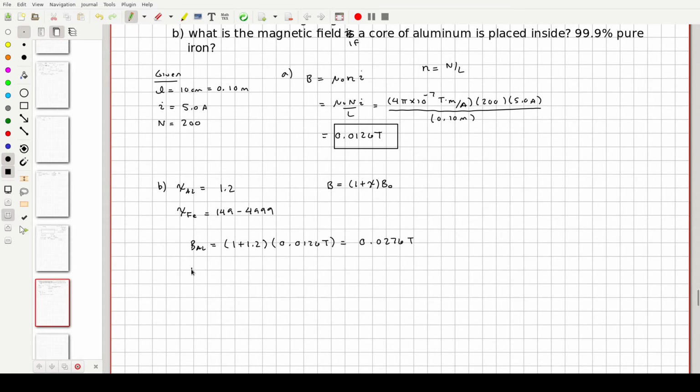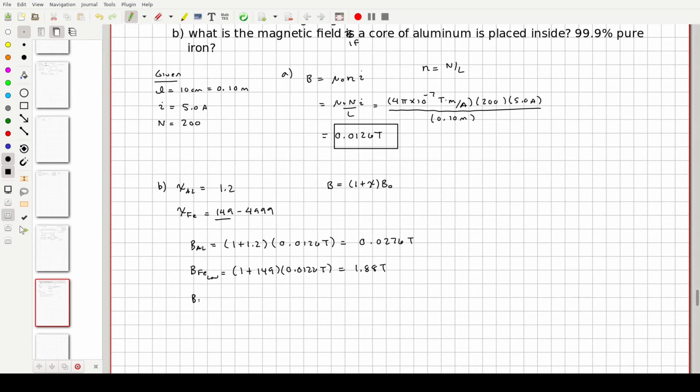Now for iron, though, as you can see, it's going to be substantially different. So the lower limit would be 1 plus 149. So that's 150. And what that does is to bump our magnetic field strength up to about 1.88 Tesla. That's the lower limit with this one.